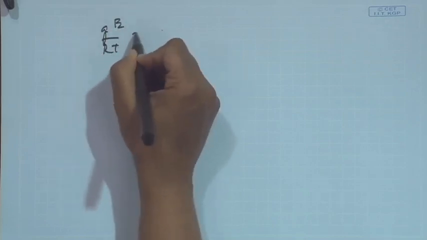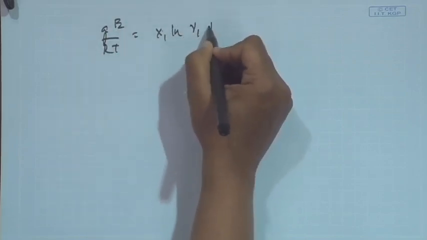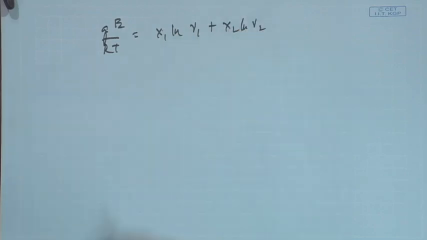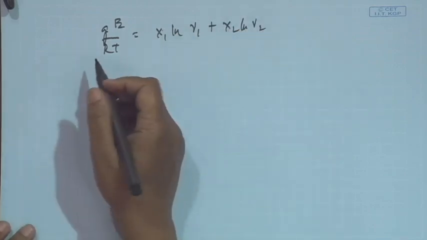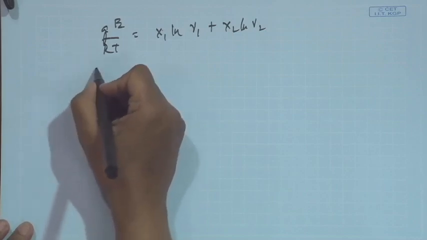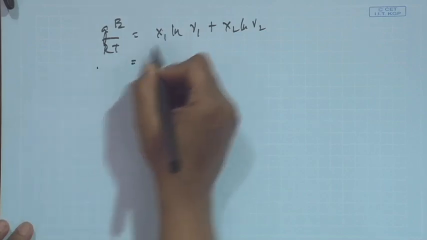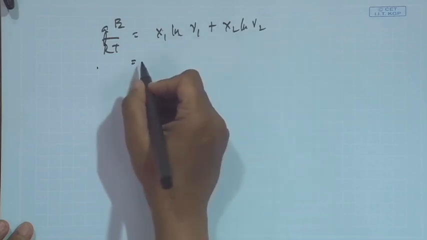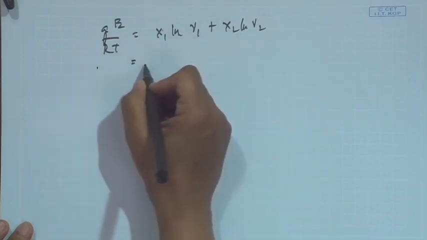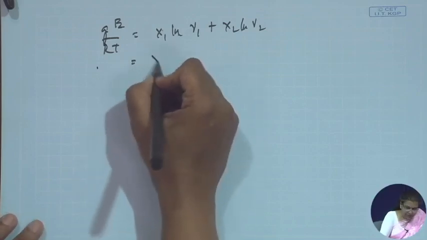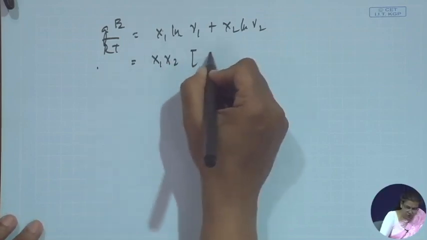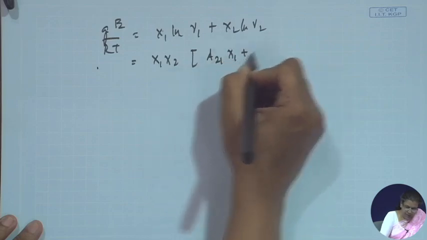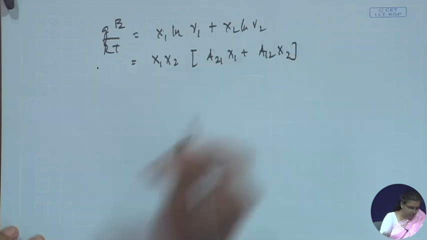If you recall the original expression, GE by RT was equal to x1 ln gamma 1 plus x2 ln gamma 2, isn't it? If you substitute the expressions of ln gamma 1 and ln gamma 2, this will be equal to x1 x2 (A21 x1 plus A12 x2), right.